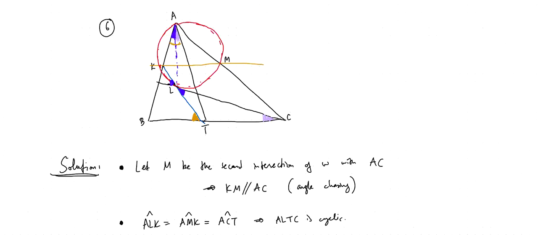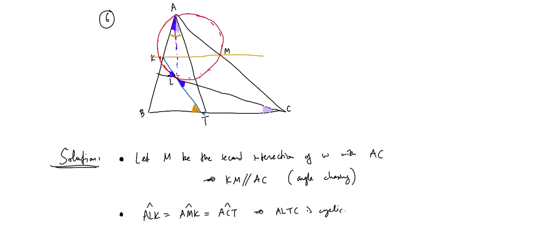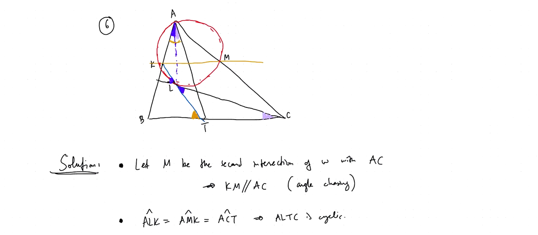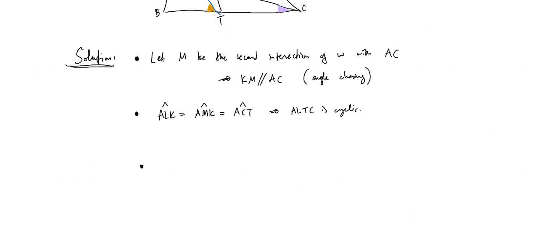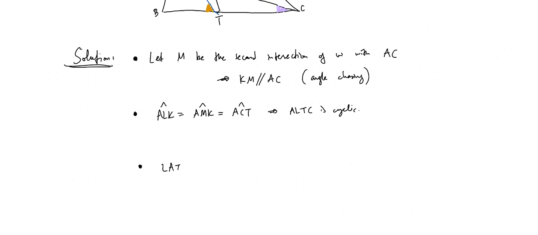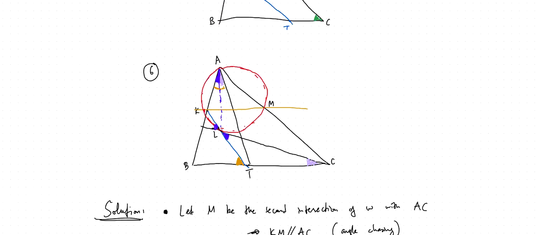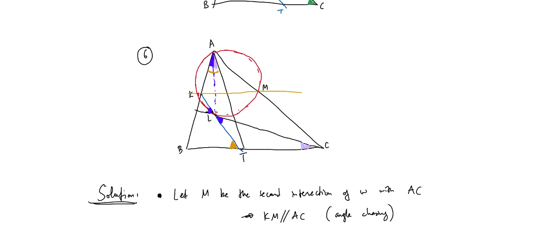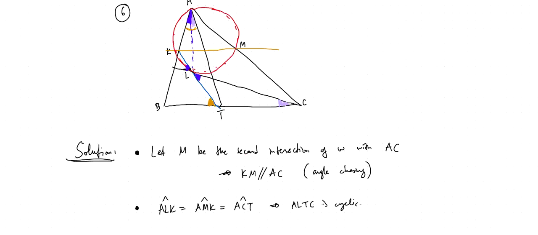Namely, LAT equals LCT. And so this is the pink angles, and the purple angles is KAL. KAL equals TLC.